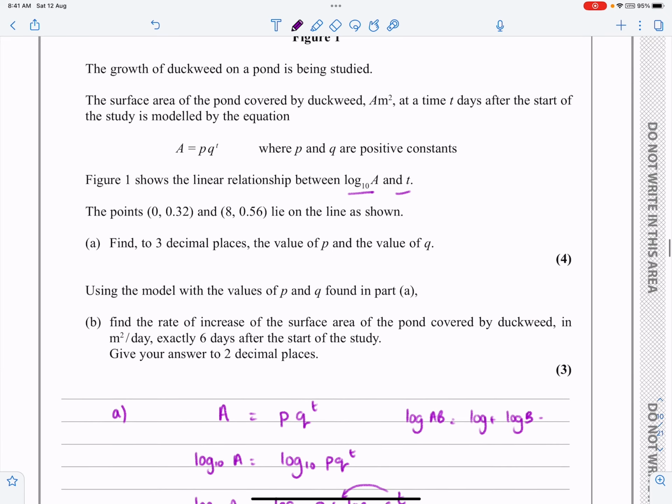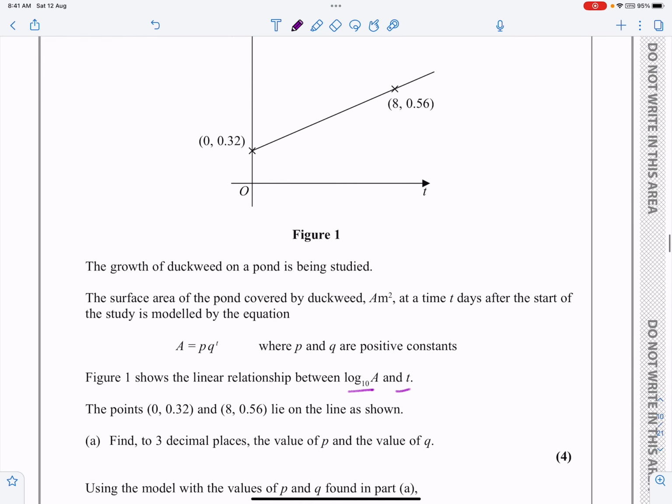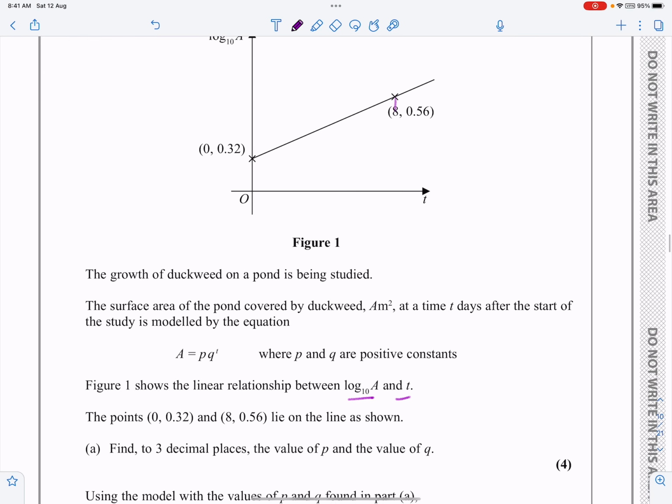So if I go back to the graph, the intercept's already done, that's 0.32, but the gradient I'm going to have to find by constructing that triangle there and saying this length here is 0.56 minus 0.32, and this length here is 8.